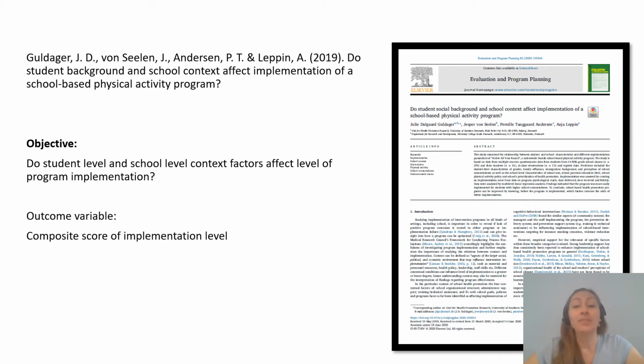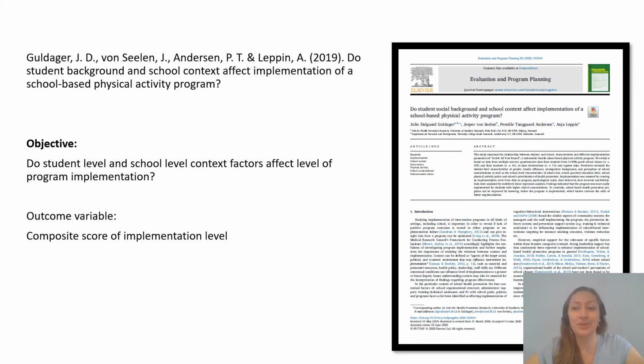But for now, I will just give you the very short version. So remember, our objective was to find out if student level and school level context factors affect level of program implementation. Our outcome variable, or what we measured, was a composite score of implementation level.